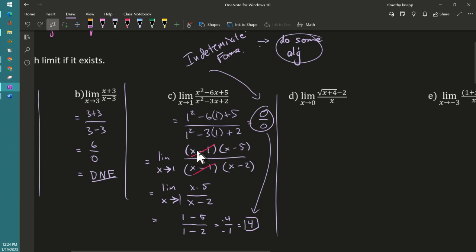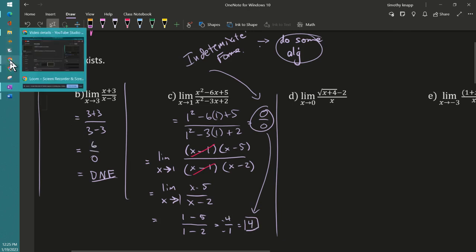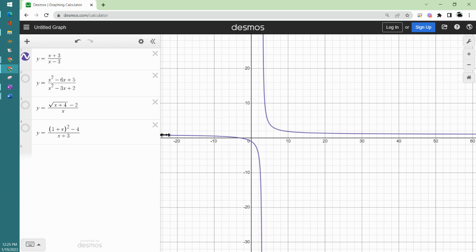Because look at what canceled. If I plug a 1 into here and here, I get 1 minus 1, which is 0, and 1 minus 1, which is 0. So the two zeros ended up canceling, okay? And so my limit is 4, okay? And that makes sense. So again, let me go back to our graph here, which is right here, okay?